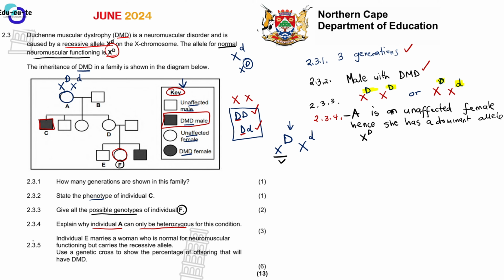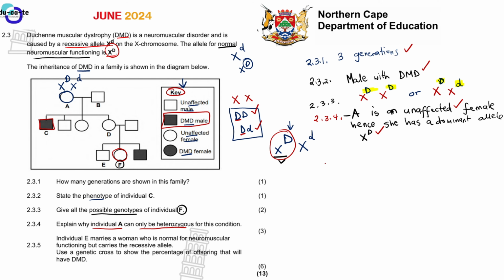You are trying to explain where we are getting this capital letter D, this dominant allele. It's because she's normal. Because basically, according to the statement, the allele for normal neuromuscular functioning is X with a capital letter D. So you have explained one part. Female is unaffected. Therefore, she would have a dominant allele.